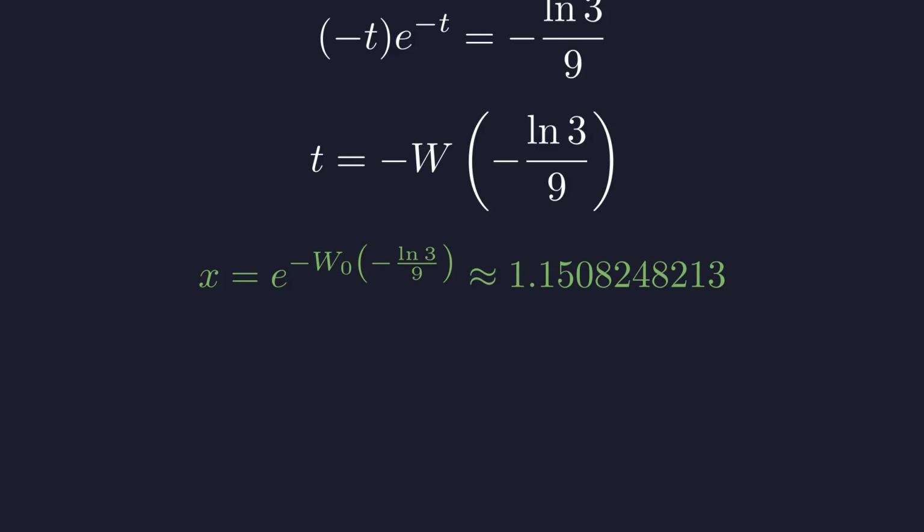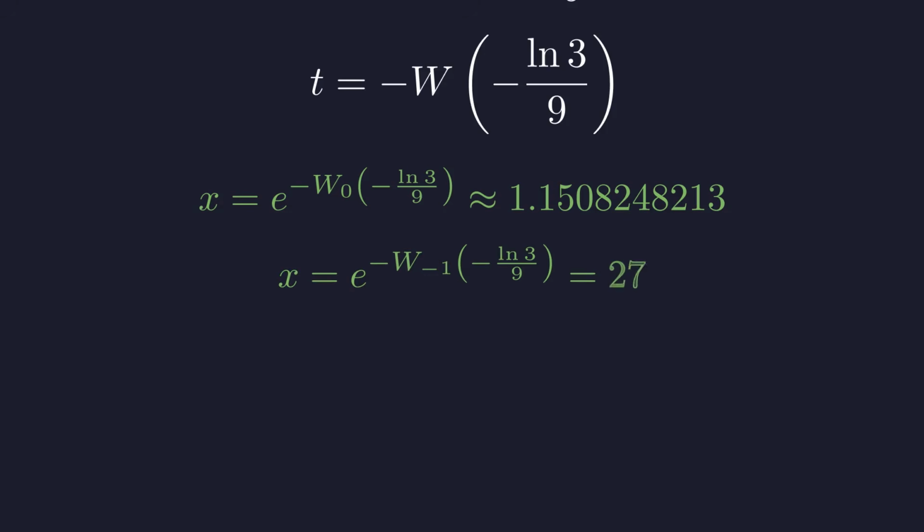Since negative natural log of 3 over 9 is between -1 over e and 0, there are two real branches. The W sub 0 branch gives x approximately 1.15082482213. The W sub -1 branch gives us our integer solution, x equals 27.